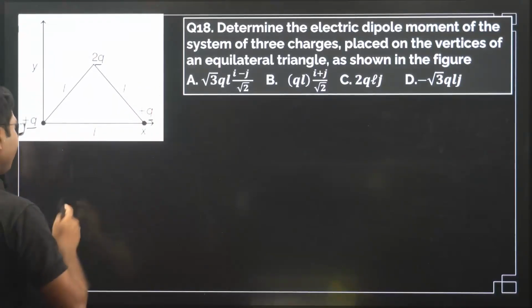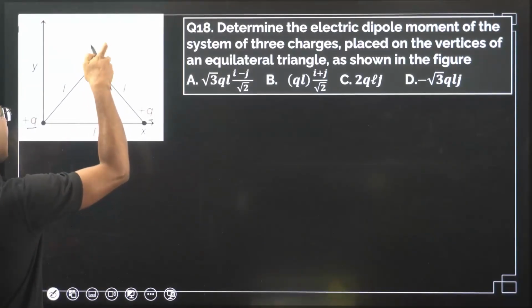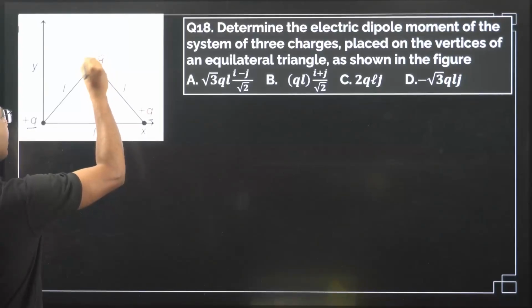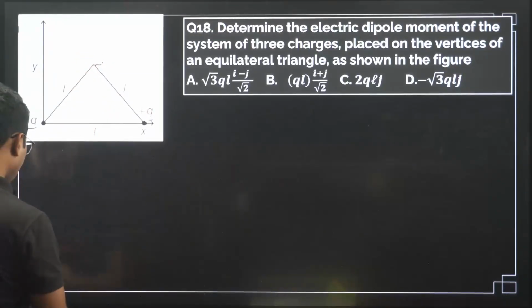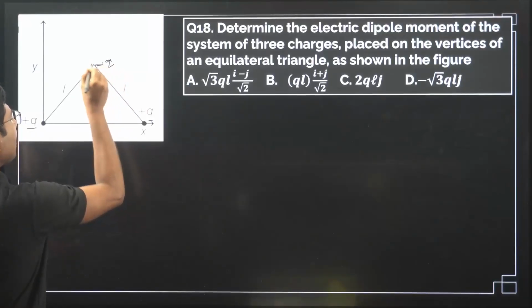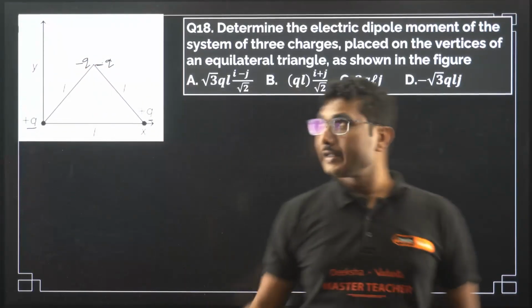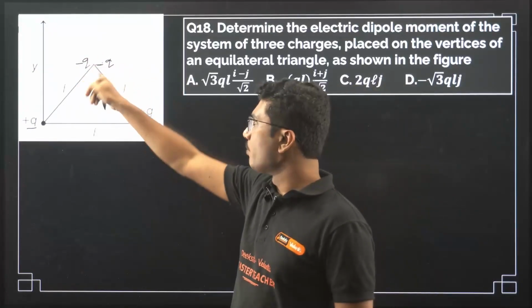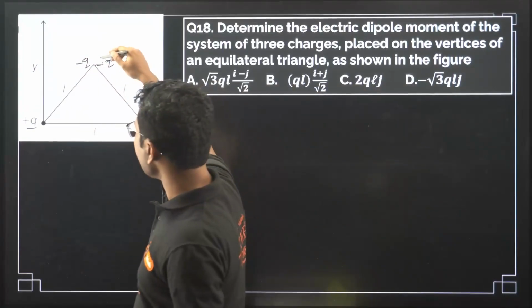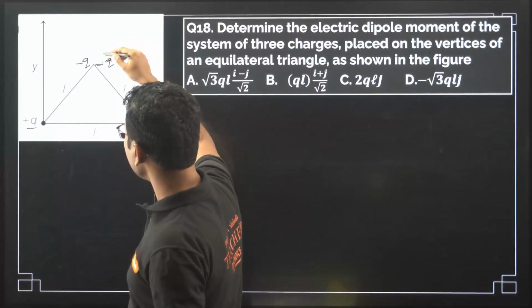So we will divide this minus 2q charge into 2 parts, minus q and minus q. We can do that, right? We have divided the minus 2q charge into 2 minus q charges. So this is a dipole. I think I have solved one similar question in my lecture.